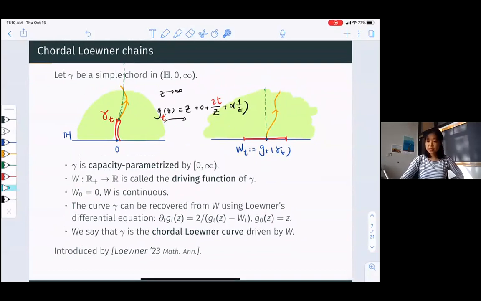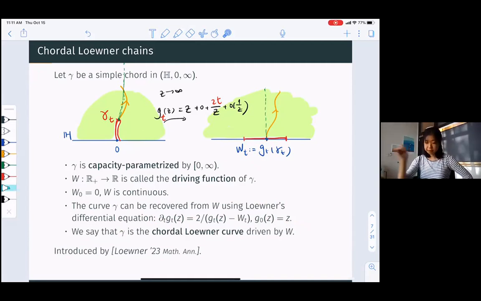Conversely, if you start with a real valued driving function, you can also recover a growing family of hulls. If this driving function comes from a simple chord, then you can recover this simple chord using Loewner's differential equation. In this case, we say that gamma is the chordal Loewner curve driven by the function W. All this was introduced by Loewner 100 years ago.